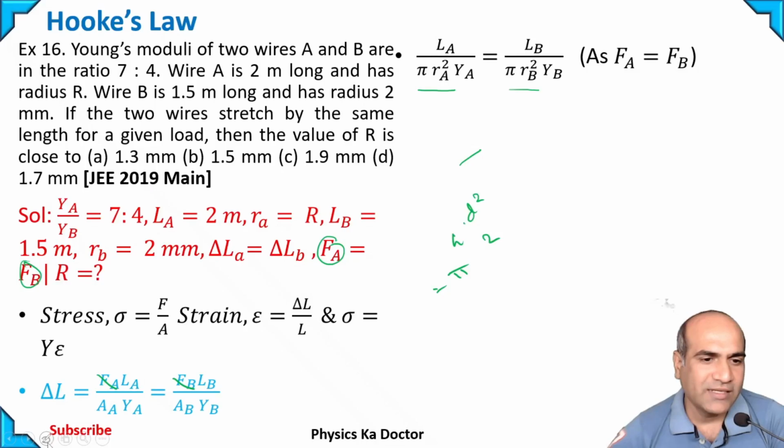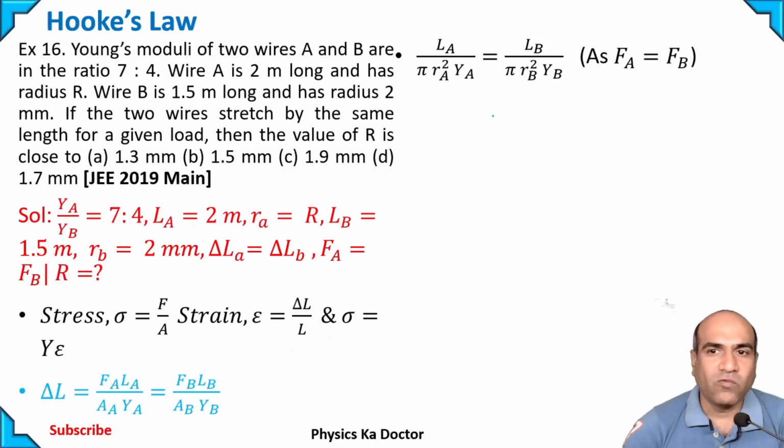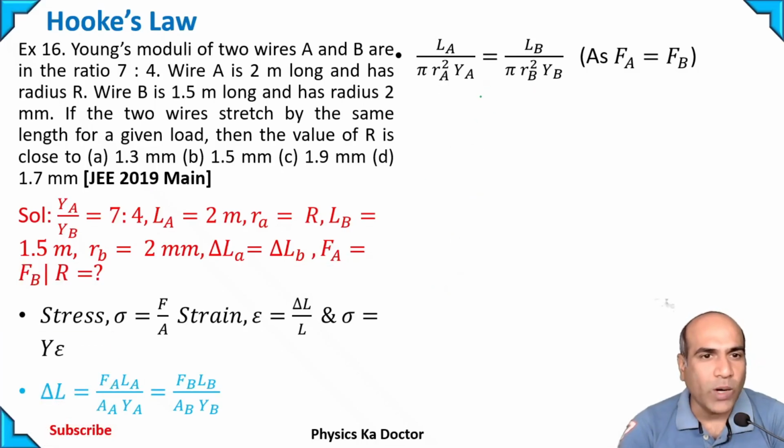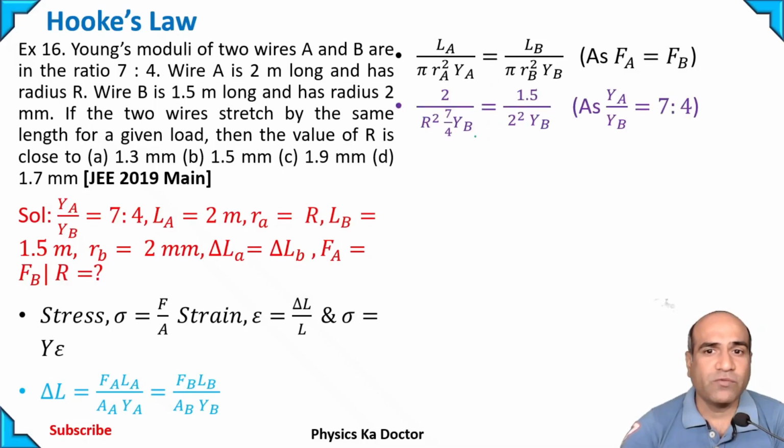Then what next? The ratio of YA and YB is given, so we can put YA is equal to 7 by 4 YB. So YB we can also cancel out. We can put in place of RA capital R, and RB to the power 2. We just need to solve this.